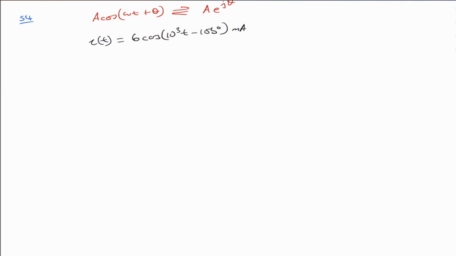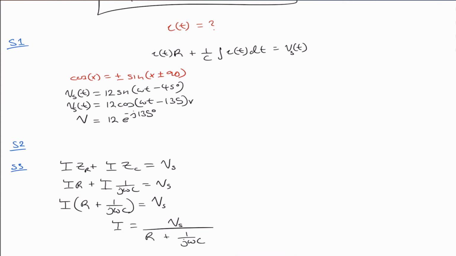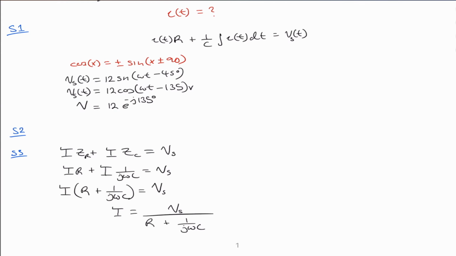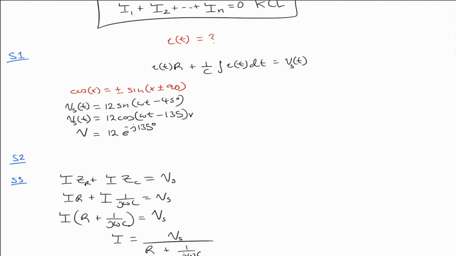And that's it for the analysis. So basically the first step is we adopt the positive cosine format. So whatever time-dependent function, our expression, we transform that into a positive cosine format. After we do that, we then go ahead and transform the circuit to the phasor domain, where we transform the impedances and everything over to the phasor domain.